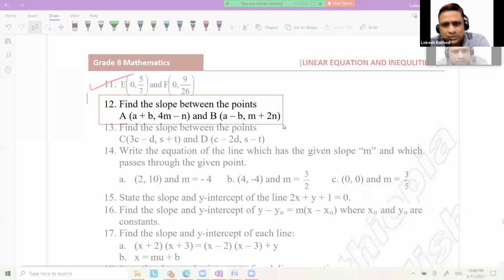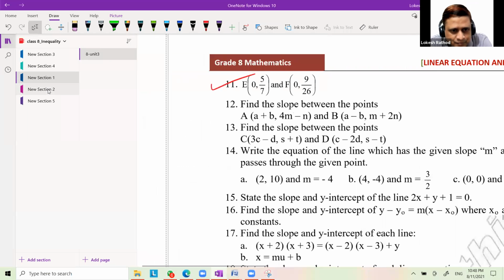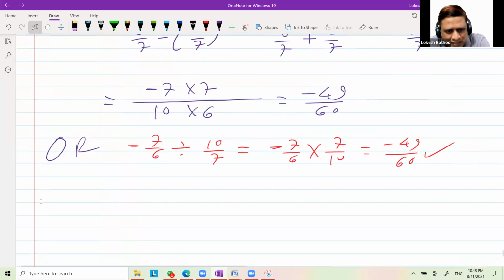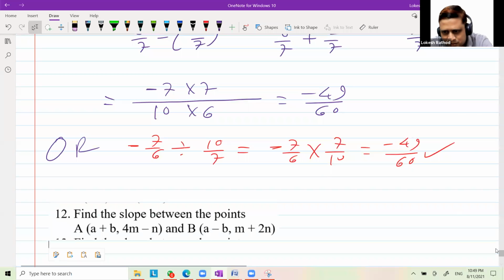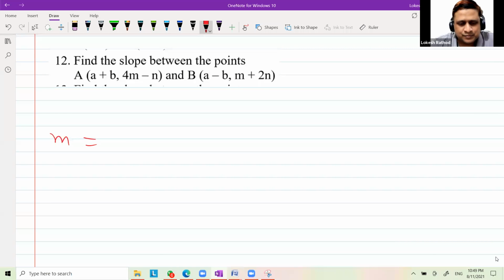Suppose I want to do this, right? I will finish this chapter today. Let's finish it. So slope is change in y coordinate.